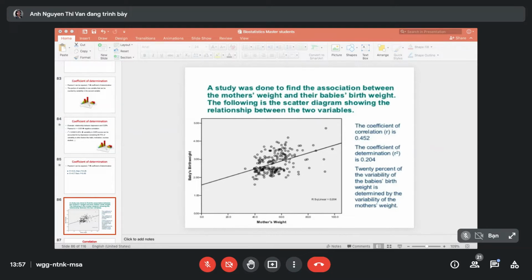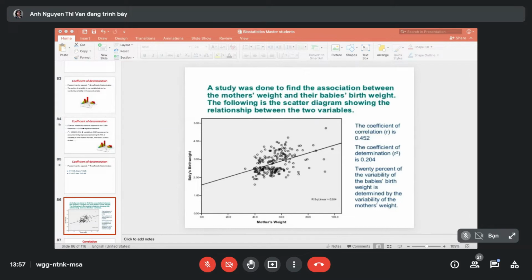Yeah, in this example, the R value is small, okay? So it is a weak correlation between the two variables. But in other examples, the R value could be very high. It can be 0.9, for example.